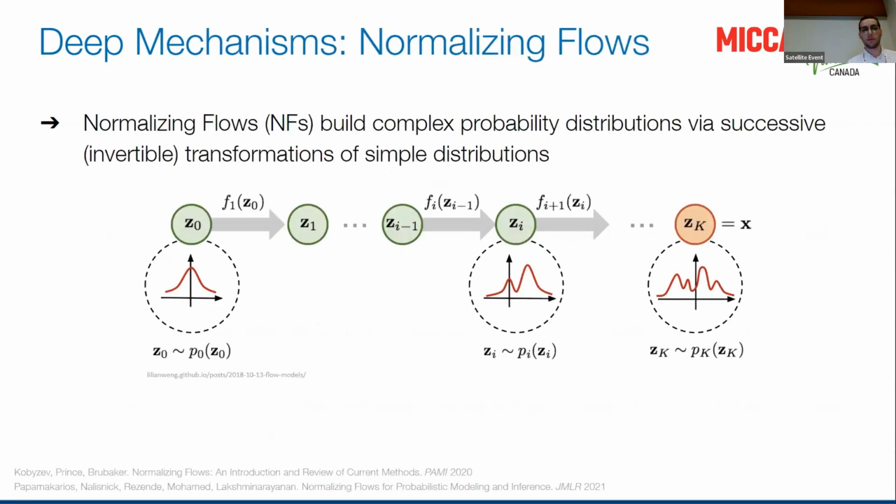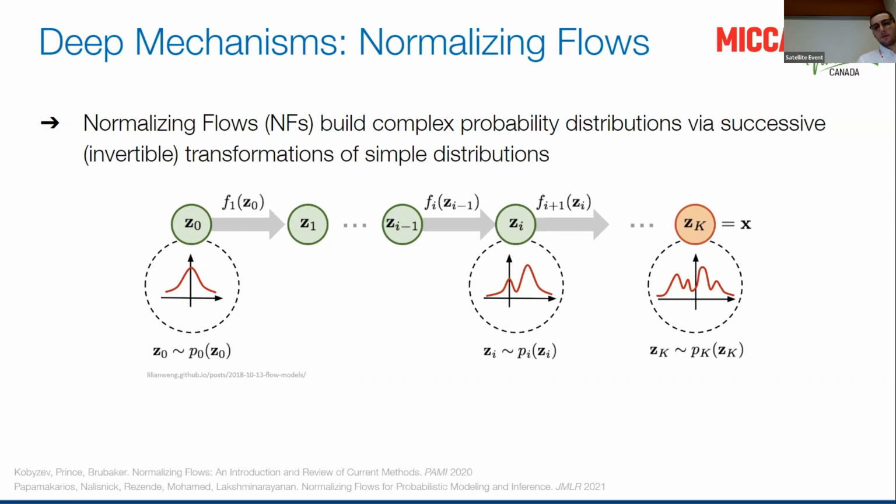Okay, so let's go through some of the deep causal mechanisms in deep structural causal models. So the first one to review is normalizing flows. If you haven't heard of normalizing flows, there's a couple of pretty nice surveys I list on the bottom here. And essentially, they build complex probability distributions by successive invertible transformations of simpler base distributions.